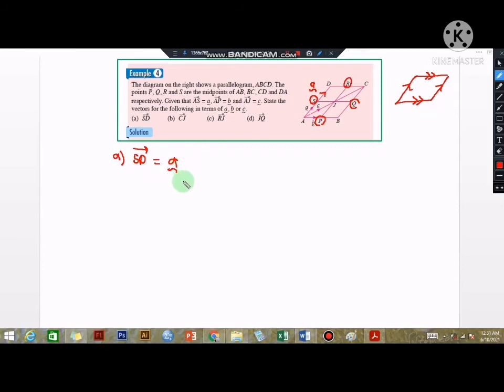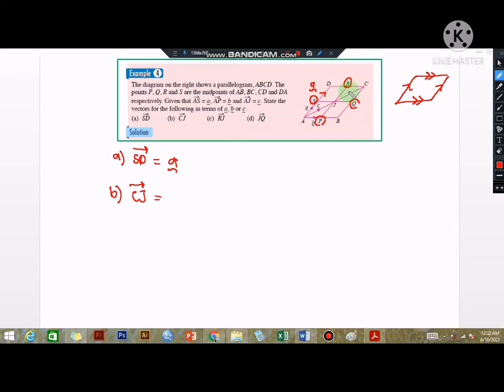Let's look at B. B is CJ. Where is CJ? C and J. As you can see here, the direction of CJ and AJ. The vector AJ is equal to vector c, isn't it? But the question asks you to find the vector CJ.